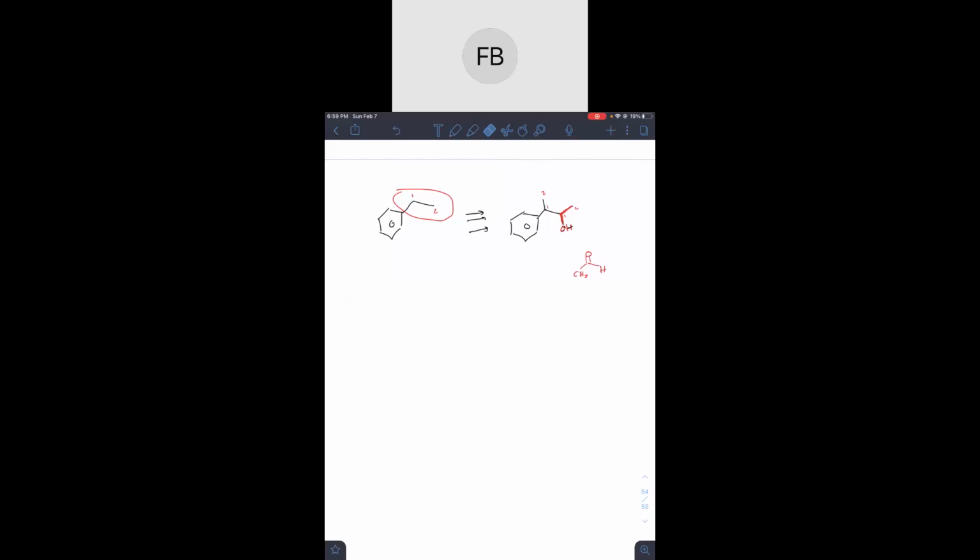So carbonyl is a general word you can use for this right here: a double bonded O with a carbon right underneath. It has nothing to do with what's on the right or the left. Aldehyde is necessarily like this: it has to have a hydrogen on one side and something else on the other. But carbonyl is a very general way of saying it could have anything on either side. Dr. Son doesn't like using this word a lot, but some people will be more particular about that.